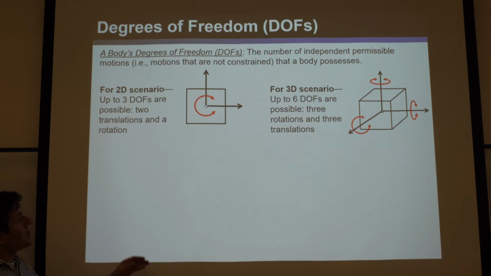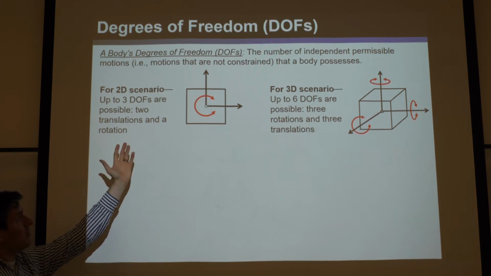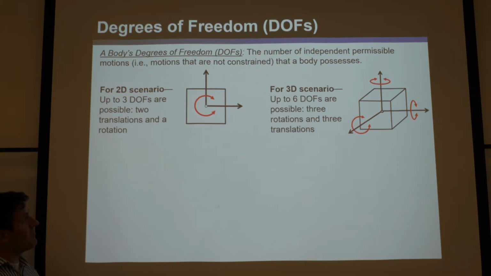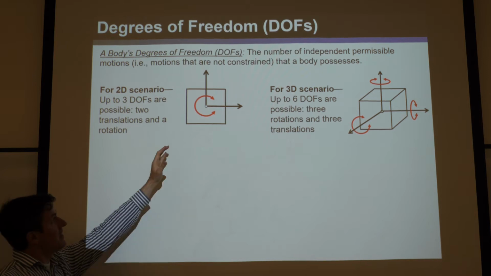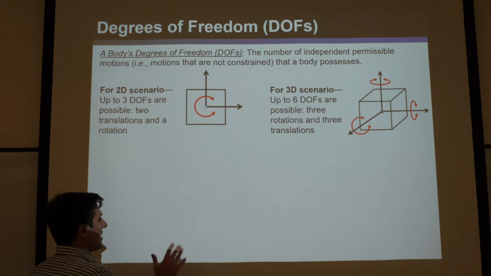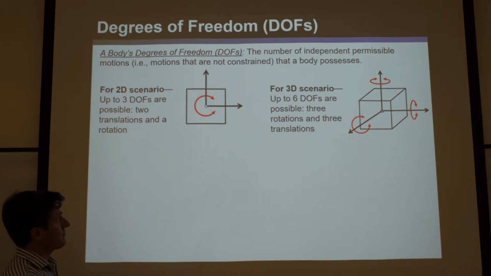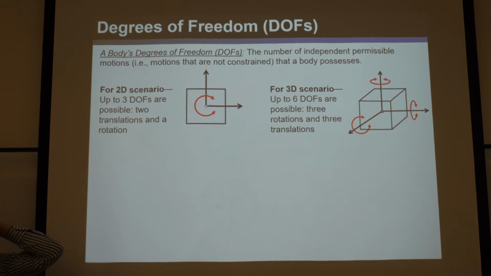Okay, so it can either translate, you can see the arrow, translate up or translate over, or really translate anywhere in that plane, and then it can rotate about any axis out of that plane. So, any axis coming out of that plane, it can rotate on. So just imagine, you can move like this or you can move like this, okay, on a planar thing. So 3 independent degrees of freedom there.